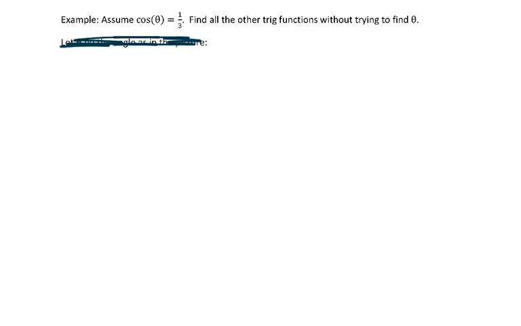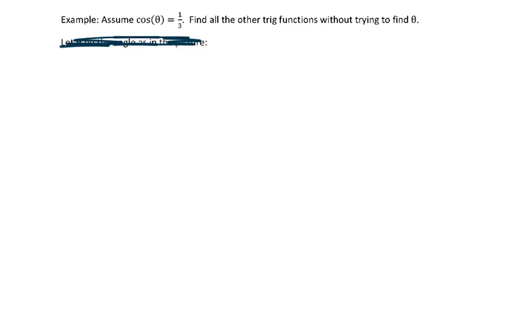Okay, so this is another kind of problem. This one's a little bit different. Notice that we don't have the triangle. What we do know is that cosine of theta is 1 over 3. Now, we want to figure out all the other trig functions without trying to figure out what theta is.